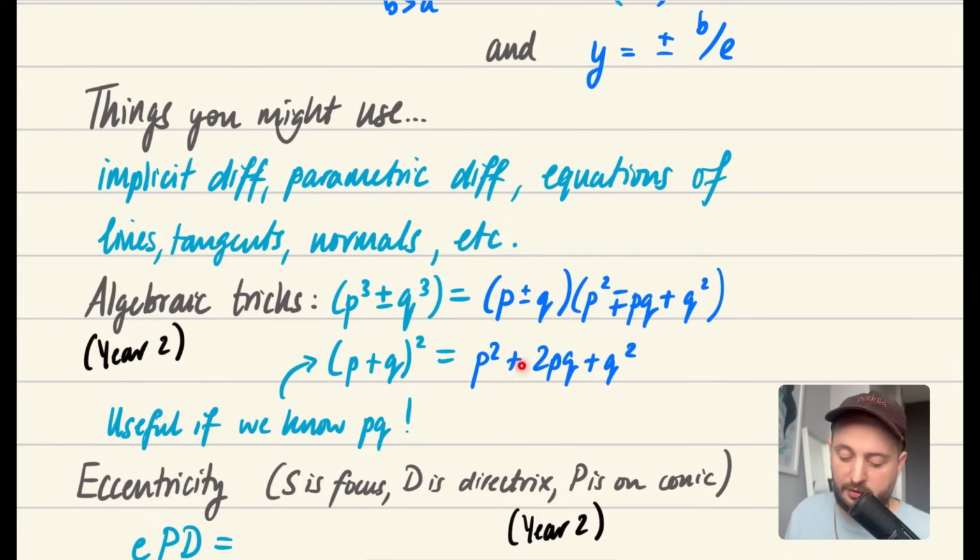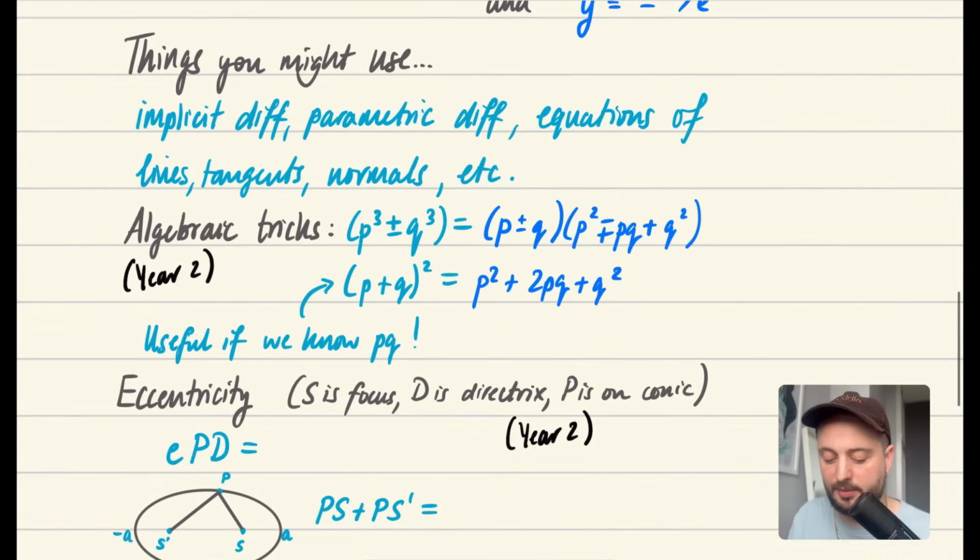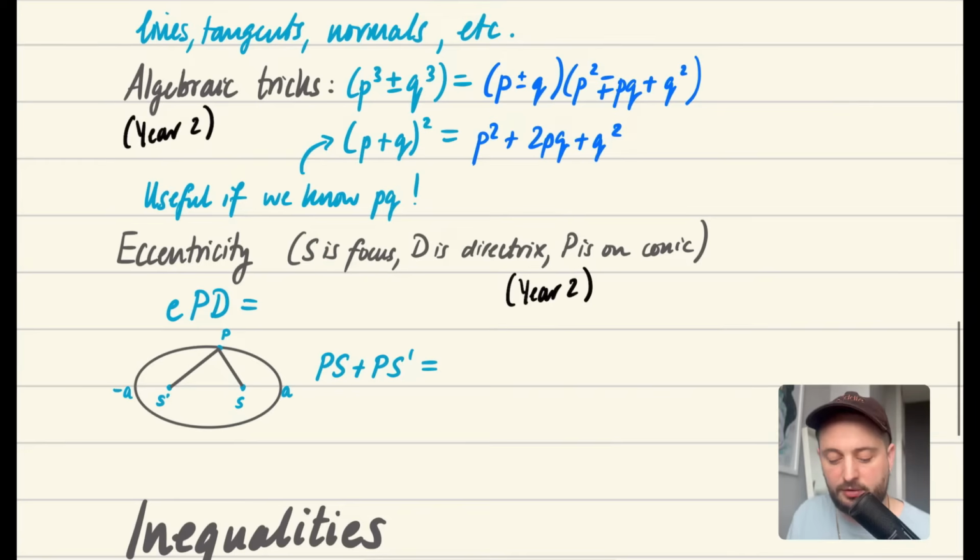So just wanted to point out these are a couple of algebraic tricks and techniques that you might find useful in these questions. So for eccentricity, I said we'd say a bit more about it. We use the letter S for the focus, D for the directrix, and P is a point that is on the conic, whether it's a parabola or a hyperbola or even an ellipse that we've got here. Now, I kind of remember it in this form that e times PD equals PS.